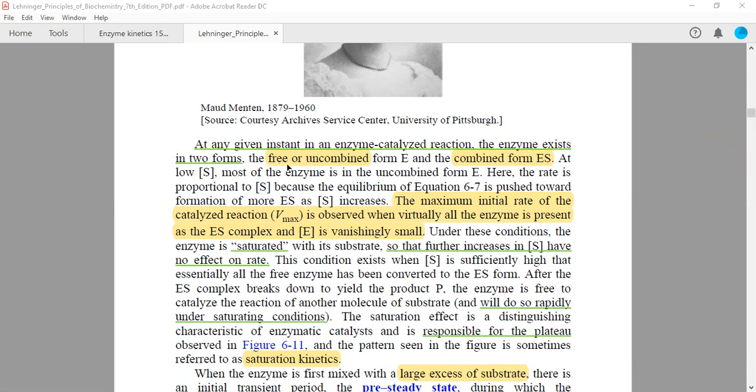So the two forms of enzyme are the free enzyme, which is the unoccupied form of enzyme, that is E itself, and the combined form, that is actually the enzyme substrate complex.